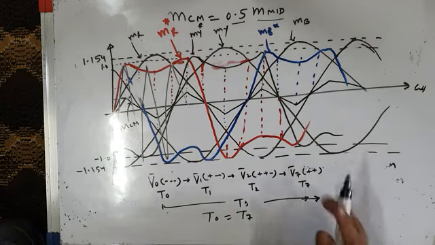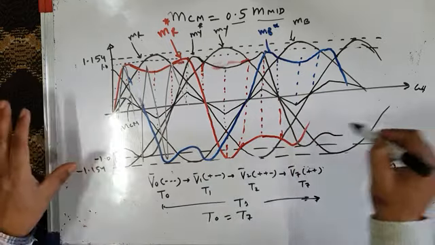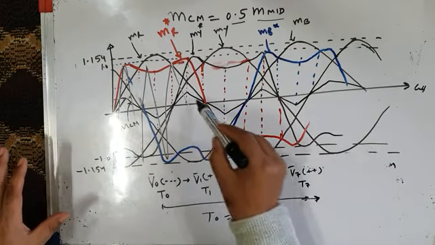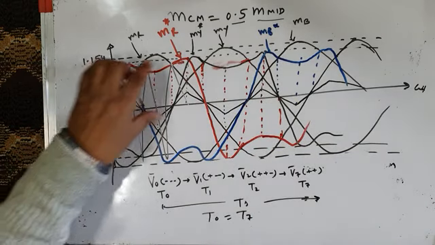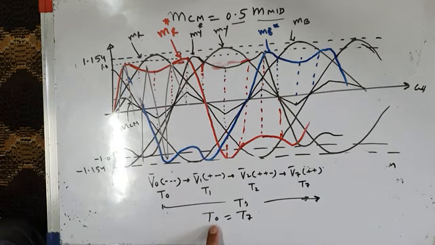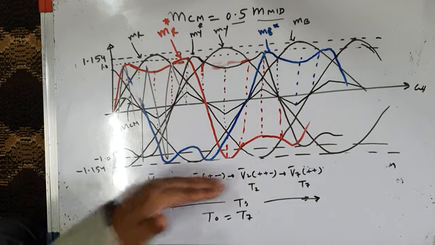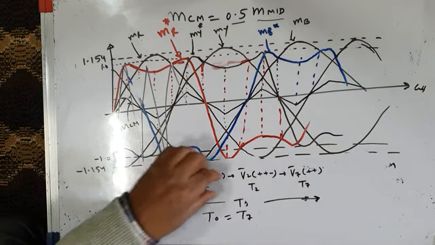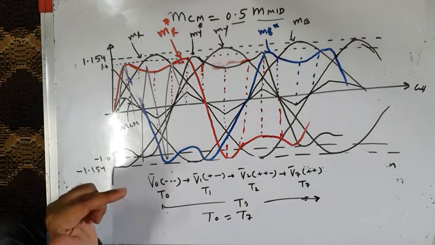But in this triangle comparison based PWM technique, we generated the common mode signal using this equation, MCM equal to 0.5 M mid, and the modified modulating waves gave rise to T0 equal to T7. Same switching sequence as in sine triangle PWM or as in space vector based PWM, but with T0 equal to T7, which is also the case with space vector based PWM, but it's not the case with sine triangle PWM.